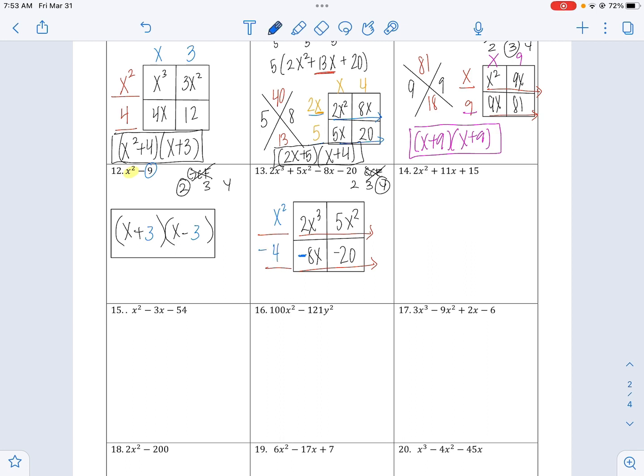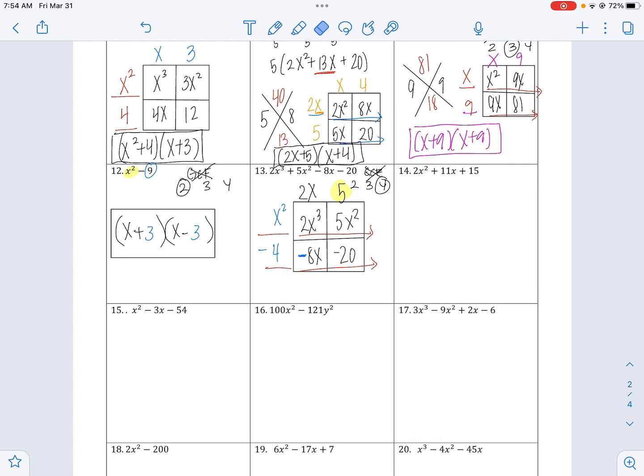So we're going to go ahead and work backwards. X squared times what gives me 2x to the power of 3? That's just 2x. X squared times what gives me 5x squared? That's 5. Let's double check our work. That's 2x to the power of 3. And then x squared times 5 gives you 5x squared.